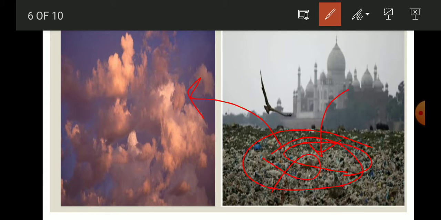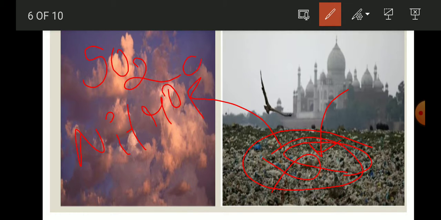All these gases which are burned around the Taj Mahal area cause the formation of a cloud which is full of sulfur dioxide and full of nitrogen oxides.